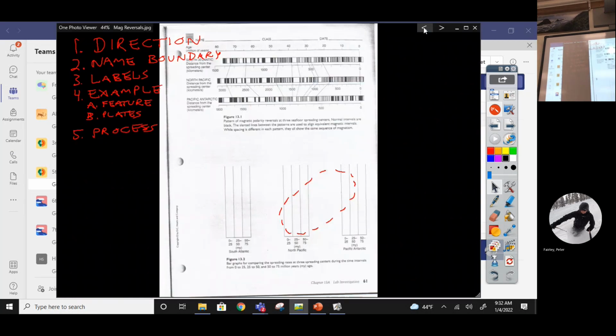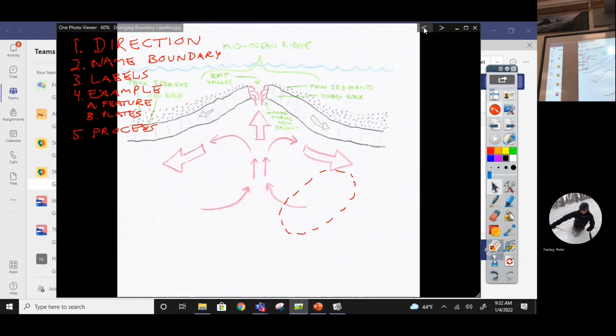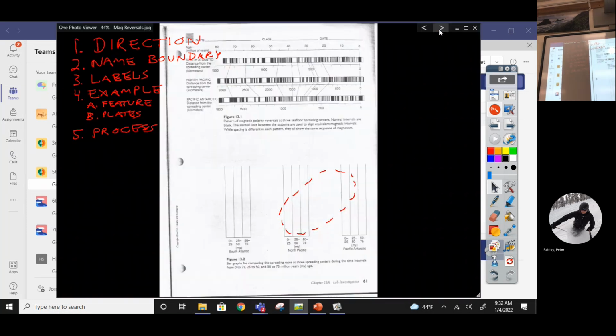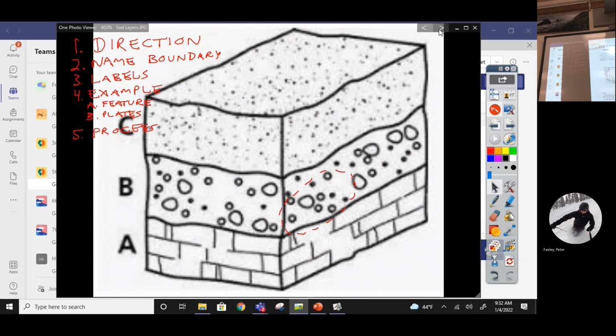Seafloor spreading. That was what was happening here. This is seafloor spreading for number 5. I forgot to go over that with you on the answers. That's the process that occurs here, seafloor spreading. Good job.